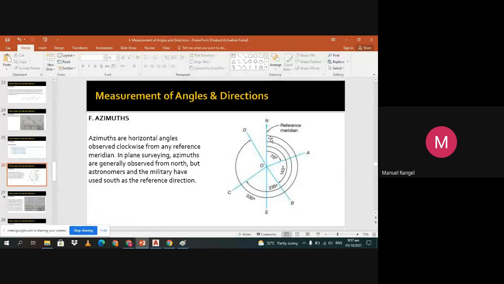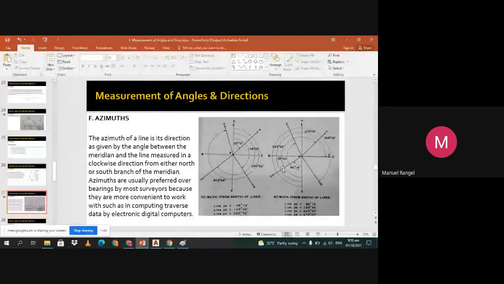For example, for the azimuth of the line OA is 70 degrees north, you no longer see the direction, no north, it is straight, just an angle.